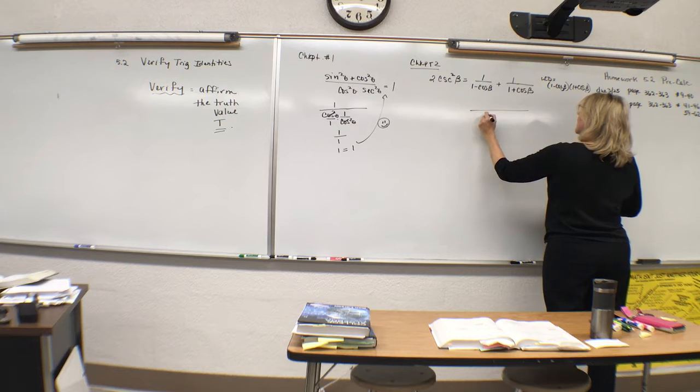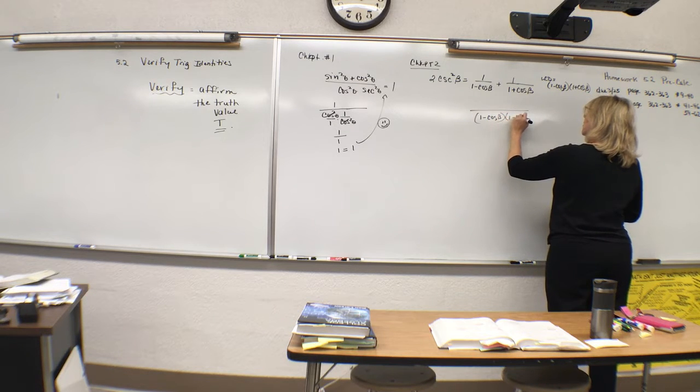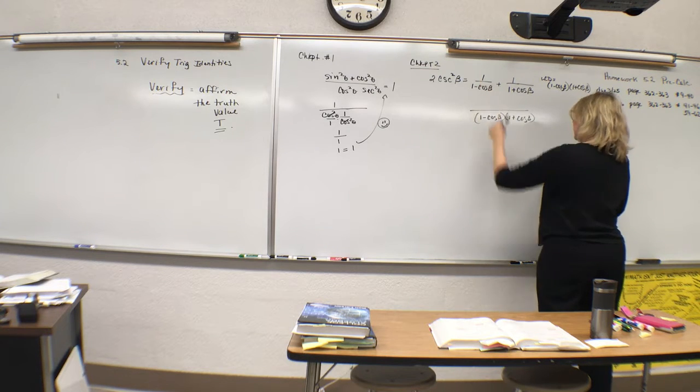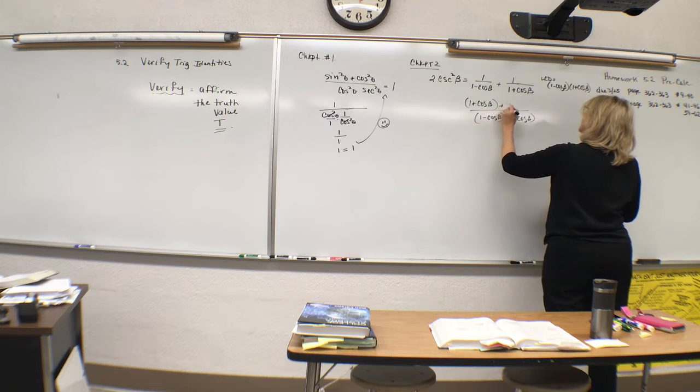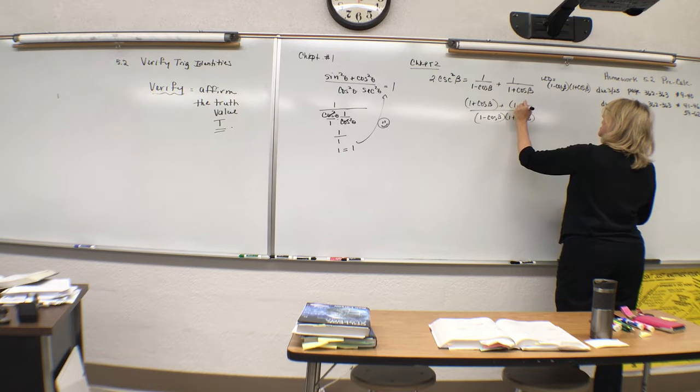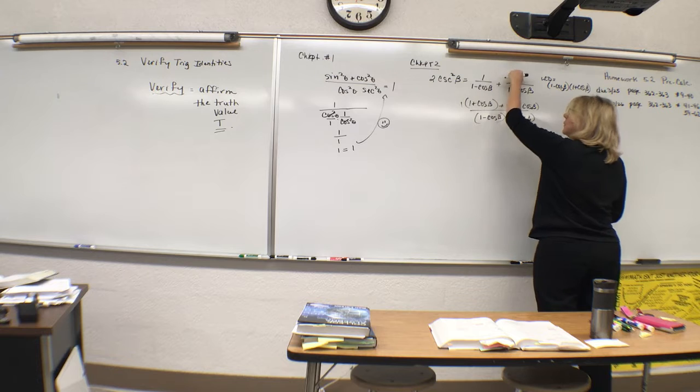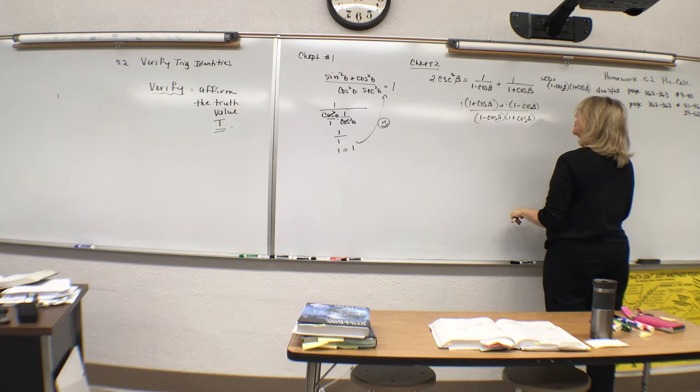So, having that product in our denominator, noticing then in the first term we are lacking 1 plus cosine beta. In the second term, we are lacking 1 minus cosine beta. Of course, these are each multiplied by 1, which were the numerators that we started with.